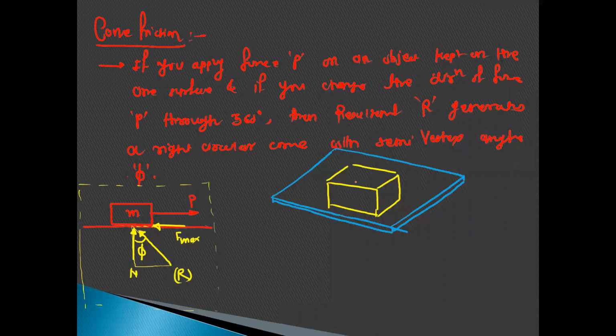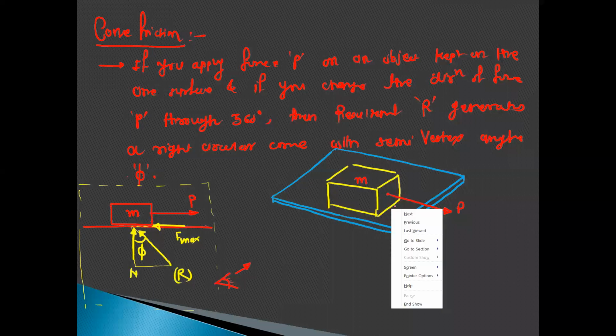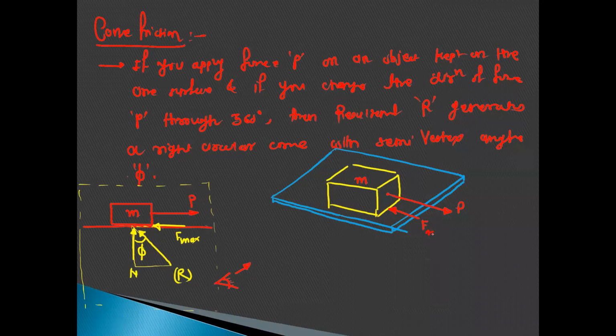Okay, so it is the same object which has the mass m, and just observe, you are looking from this side. This is the observer. If you observe from this side, we are applying the force P on the object, and here we have the frictional force like this at this contact surface, and this frictional force is F max.